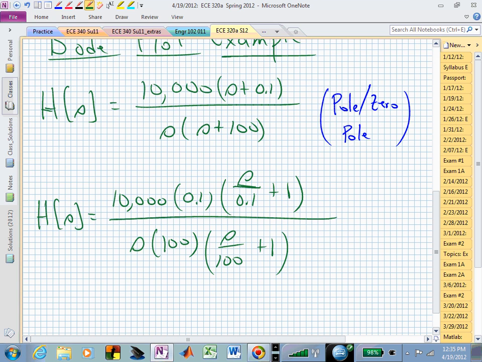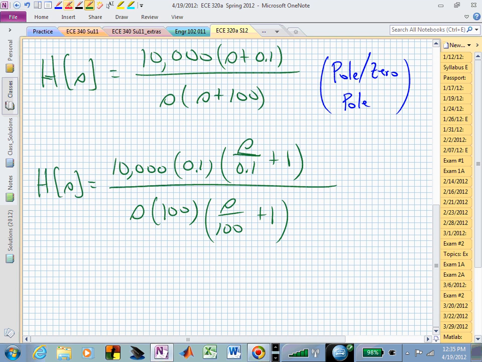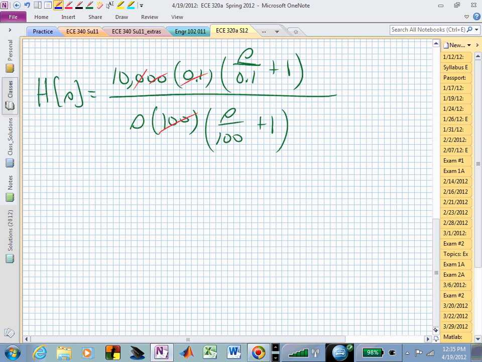We now want to combine all of those gain pieces together, and the 100 in the denominator cancels a couple of those zeros. That 0.1 cancels another zero, and we're left then with the following transfer function description for H of s.